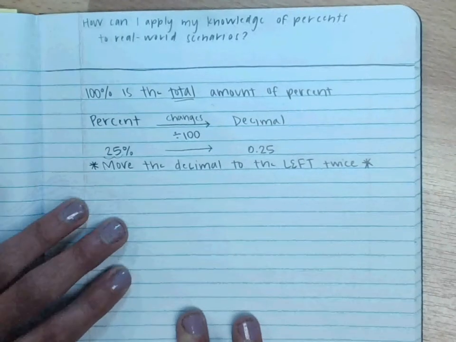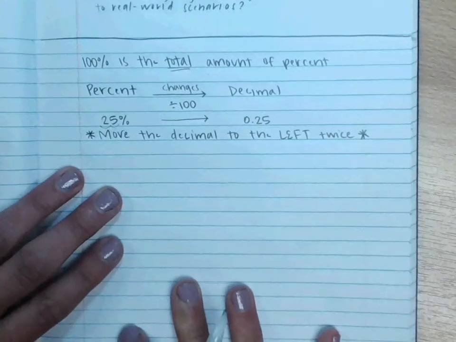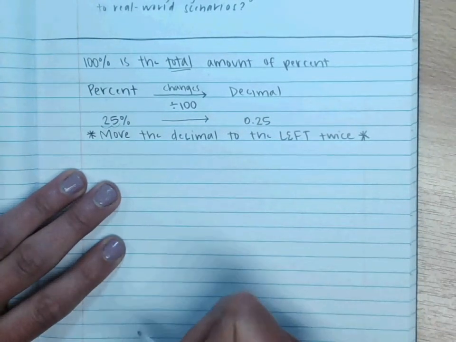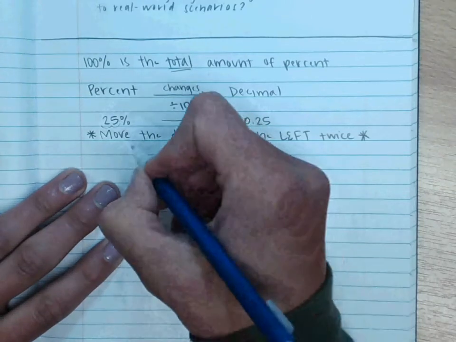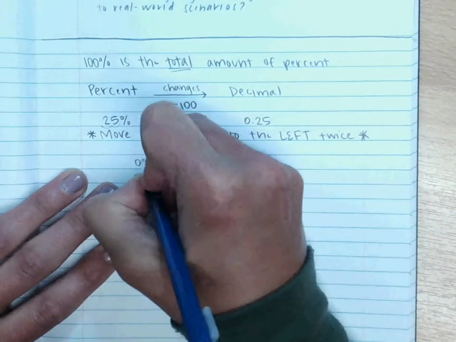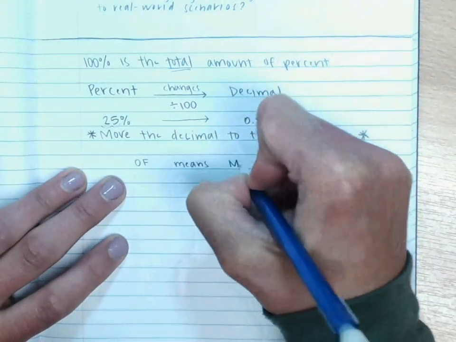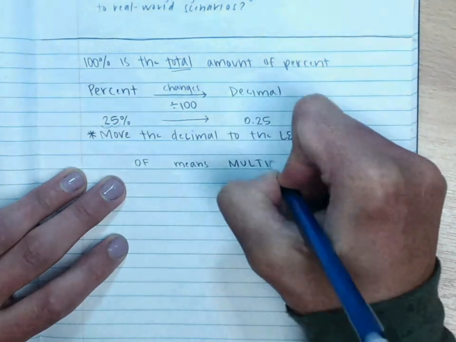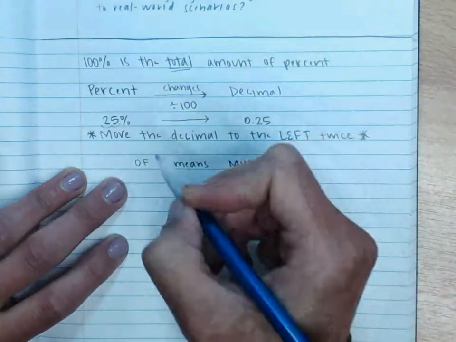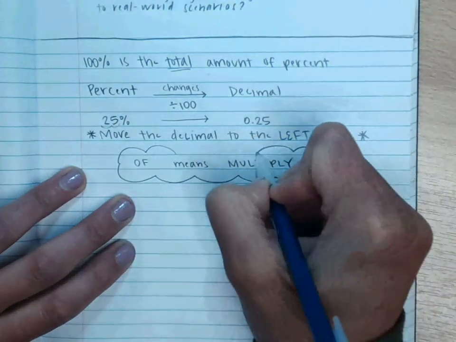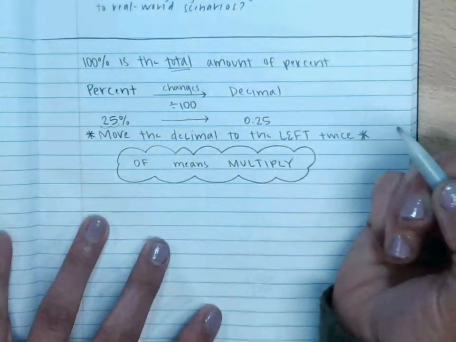The other thing that we've talked about before that's really important to remember for this lesson is that the word of means to use multiplication. So when we are finding the percent of something, that means we multiply.